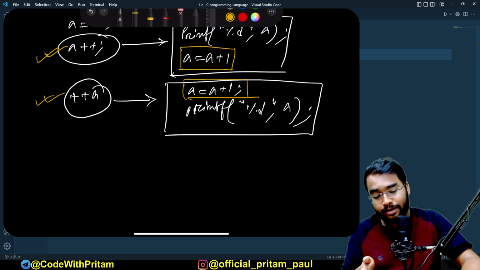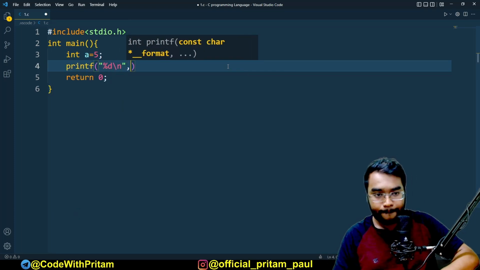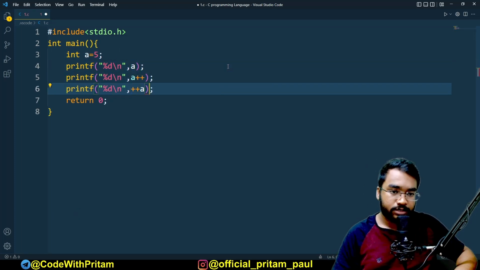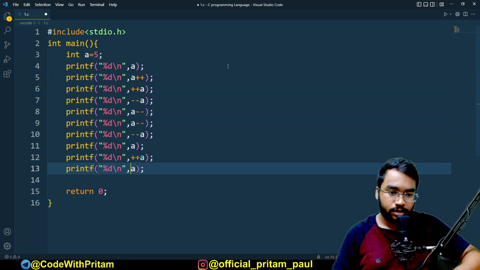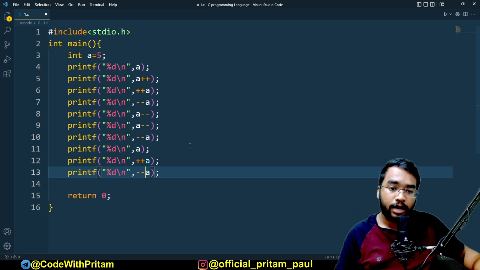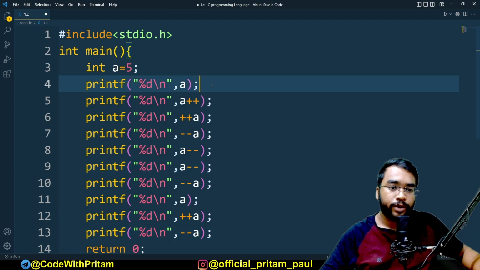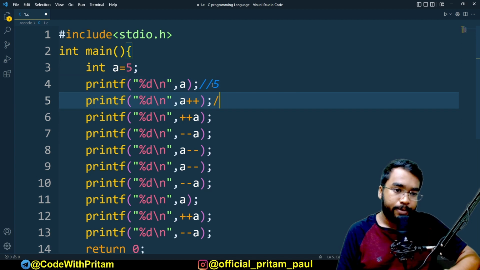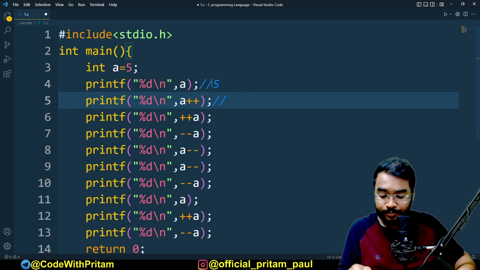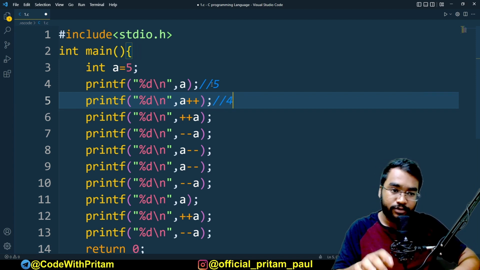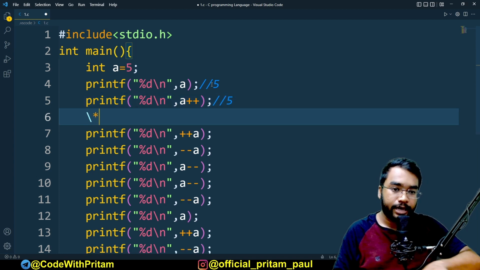Let's take some examples and understand what exactly is happening. Then minus minus. So what is the output going to be? We need to understand that. So a equal to 5 means the output would be 5 here. Plus plus means it would be printed first and then incremented, isn't it? So 5 would be printed out and then it would be incremented.